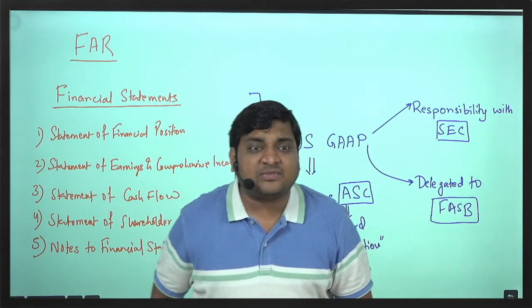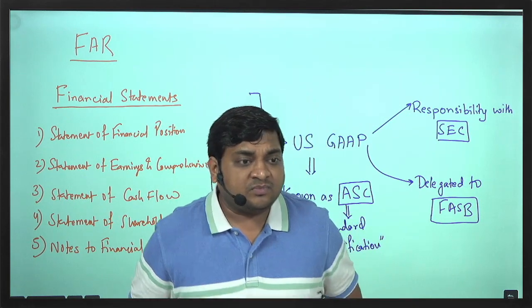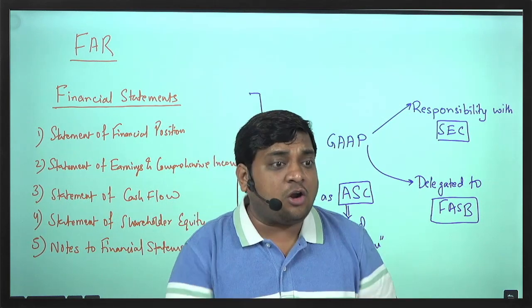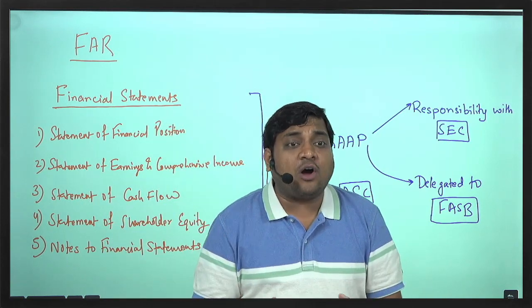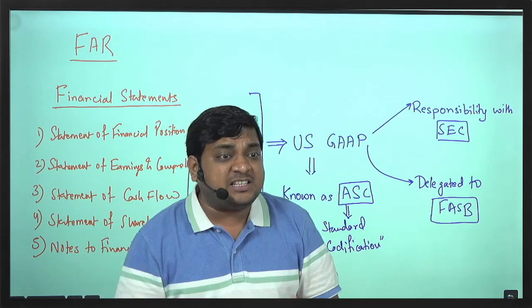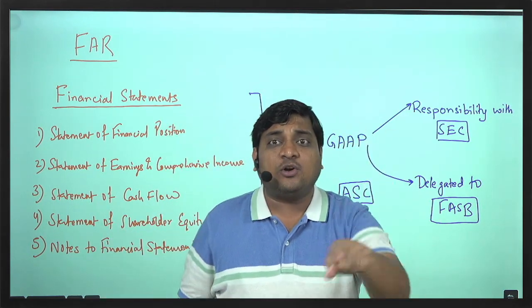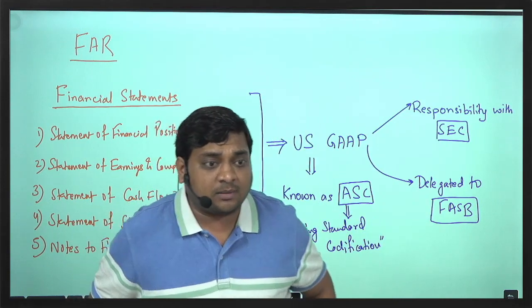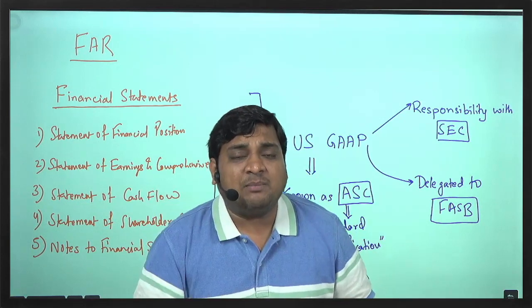He needs to satisfy himself whether the company is earning sufficient profits to pay him interest or not, whether his principal is secured or not. So there are so many informational needs of all different types of persons who are associated with us. Once I calculate these figures, I have to communicate to them, and accordingly they will decide whether they want to continue their business relationship or not. So this financial accounting part, I have done it.